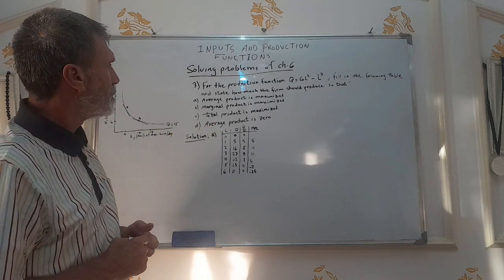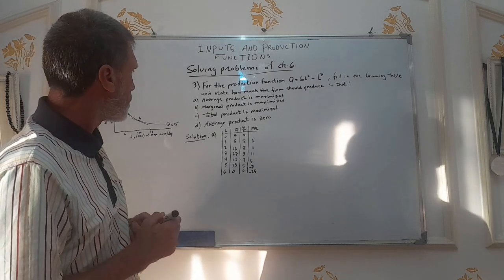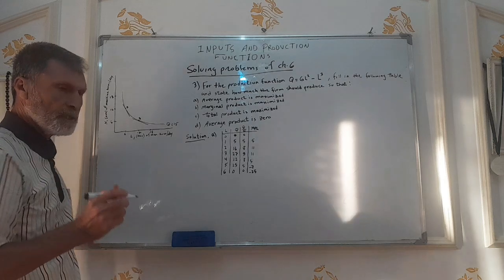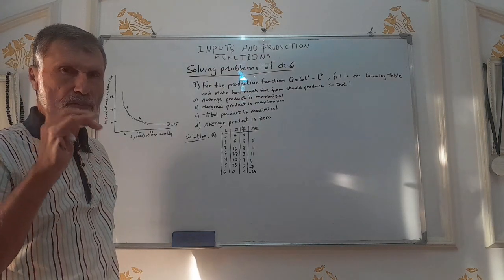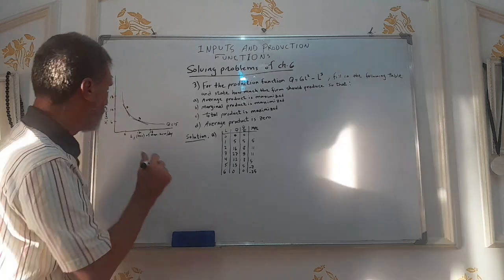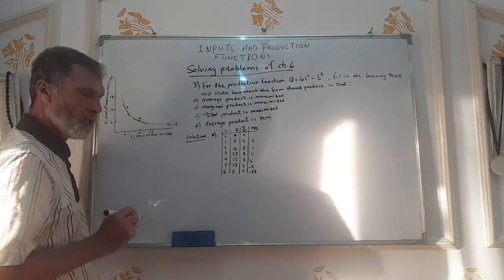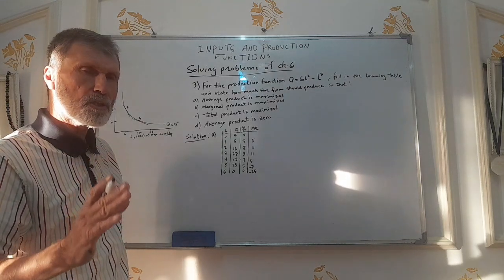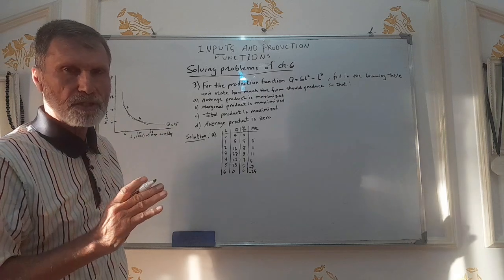Let me just state something over here. Remember, when the production function is a function of one input, let's say labor, it is usually called the total product function.